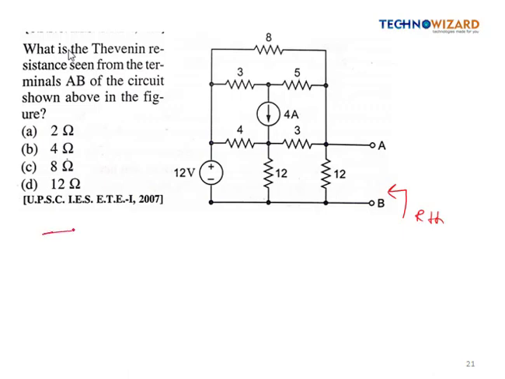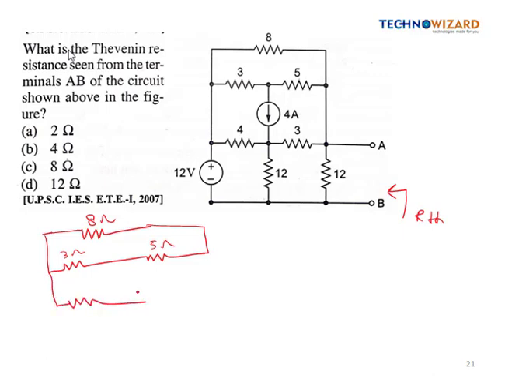this will be our 8 ohm resistance, and this will be 3 ohm, and this is 5 ohm resistance, and this is 3 ohm. So this will be open circuit, and this is 4 ohm, this is 3 ohm resistance, this is 12 ohm, this is also 12 ohm, and this voltage source will be replaced by short circuit.